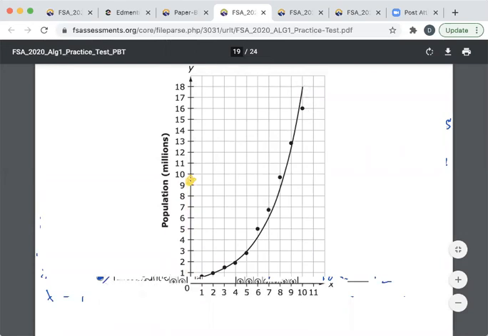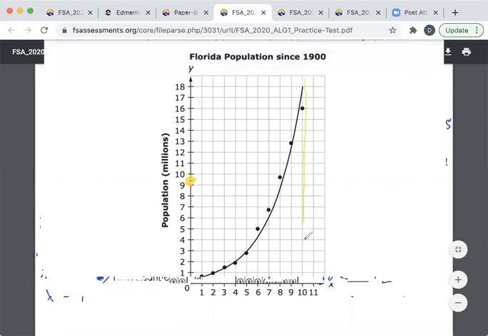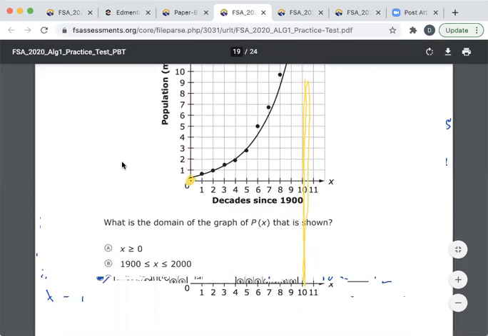It looks like there's an asymptote right there. That's a line that'll never be crossed. So it starts at 0 and it goes up to 10. And that would be our domain because we're using the values that are on the graph.